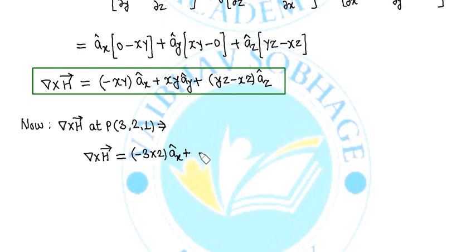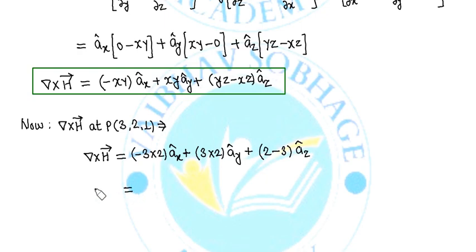So xy is what we have, that is again 3 into 2 ay cap and then plus yz. So what is yz? This y into z is again 2 minus xz is what we have, x into z. So that is 3 into 1, that is 3 into az cap.